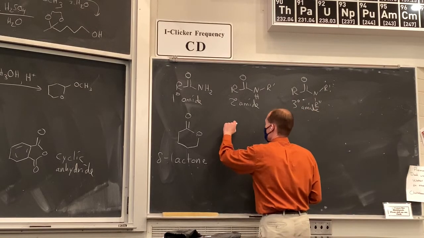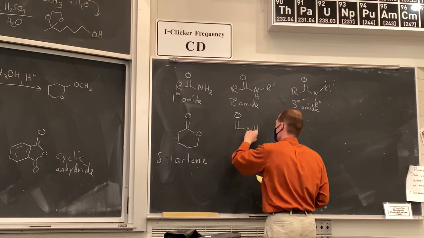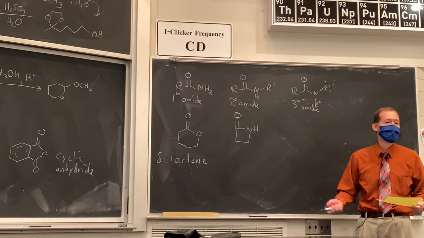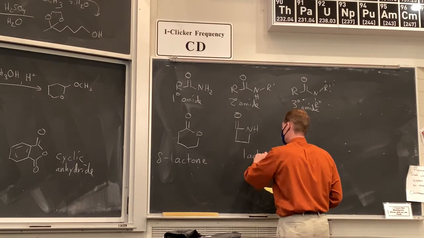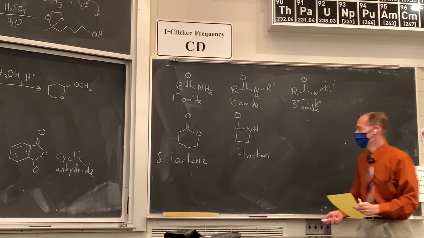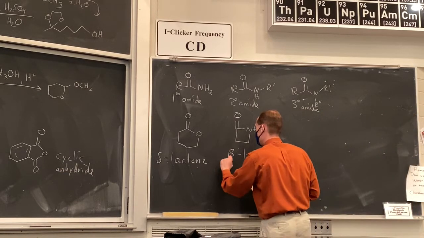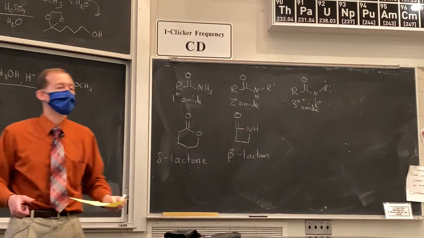The same terminology applies to cyclic amides. So this is a lactam. Four-membered ring, so alpha, beta. This is a beta lactam. You may have heard the term beta lactam before.